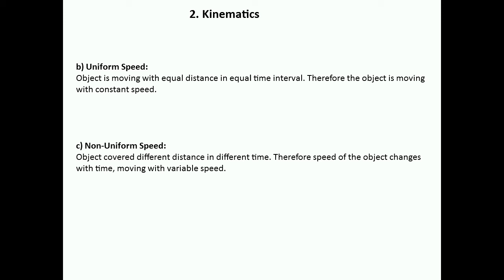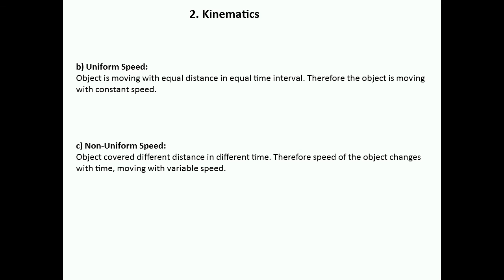Therefore, the speed of the object changes with time, moving with variable speed. For example, if a body covers a distance from point A to point B of 1 meter in the first 10 seconds, then the body covers the next 2 meters in 10 seconds and the next 1 meter in 5 seconds.